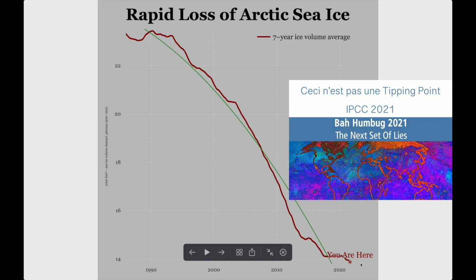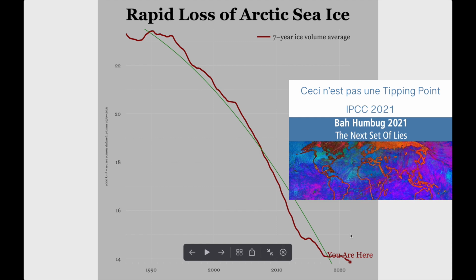And down in the end here, the "you are here" mark, you have the 7 years from September 2021 back to September 2014, right? So for every part of this graph or path, you have 7-year averages making up every point.